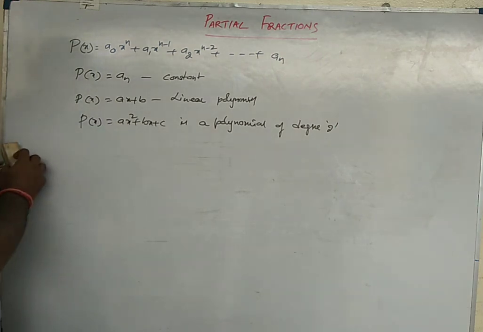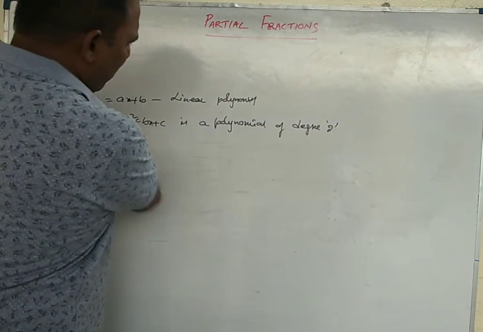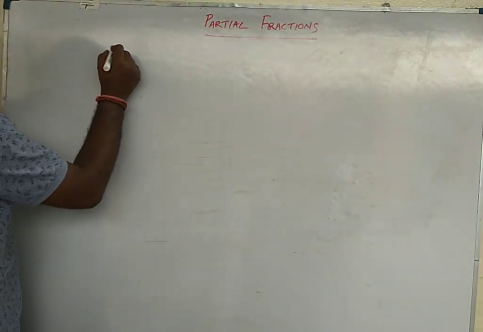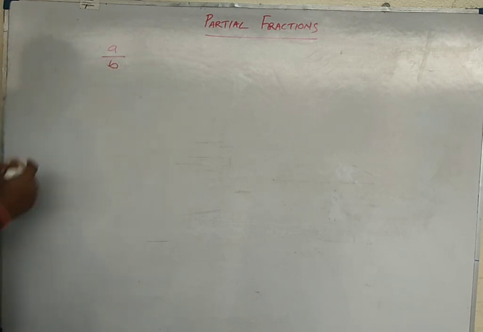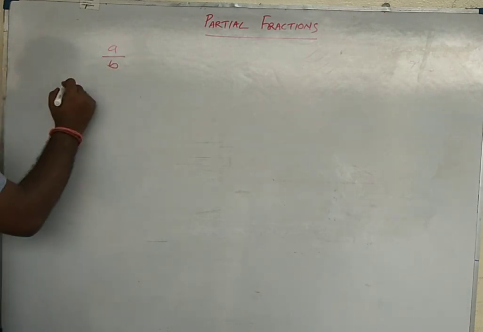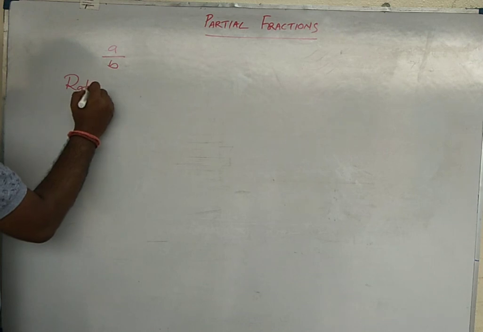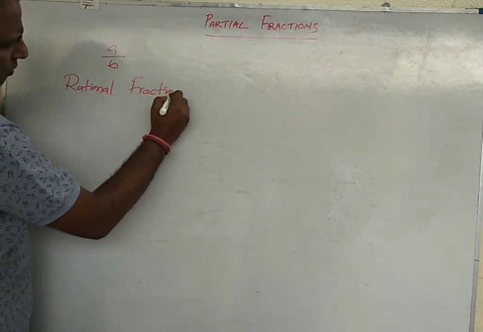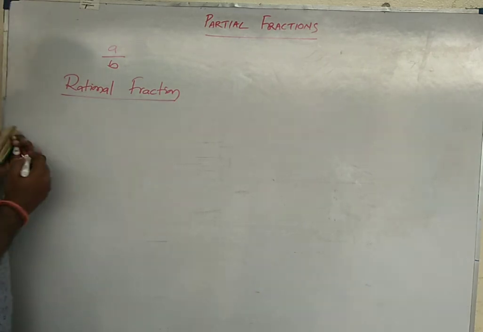Right? And what is meant by a fraction? Any number which is expressed in the form of a by b, we call it a fraction. Here we need a rational fraction. What is meant by rational fraction?